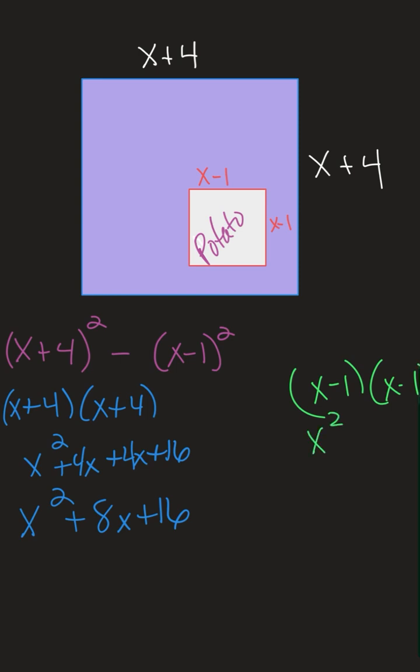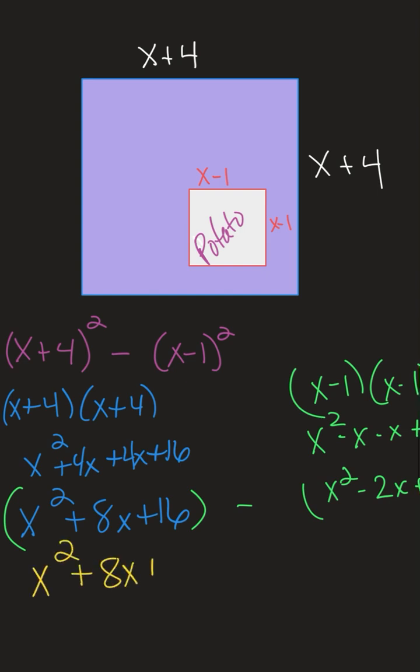I end up with x squared minus x minus x plus 1, x squared minus 2x plus 1. But remember, I have to subtract that. So all my signs are changing. So I have x squared plus 8x plus 16 minus x squared plus 2x minus 1.